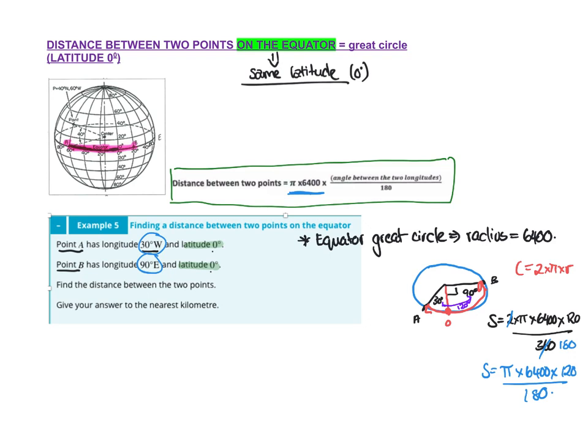Give your answer to the nearest kilometre, because we're talking about massive distances. We're not going to do a decimal place here. So just to simplify, you can just use your formula here.